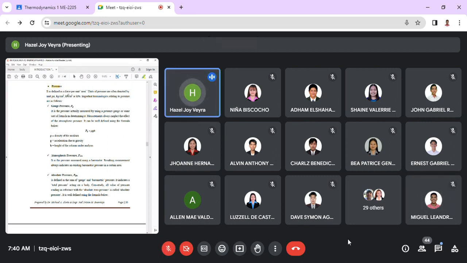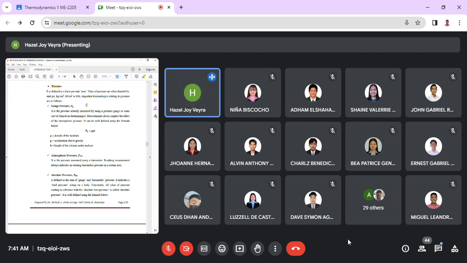And we also have kilonewton per meter squared or kilopascal. 1 Pascal is equivalent to how many Newton per meter squared? So that's 1:1. So 1 Pascal is equivalent to 1 Newton per meter squared.